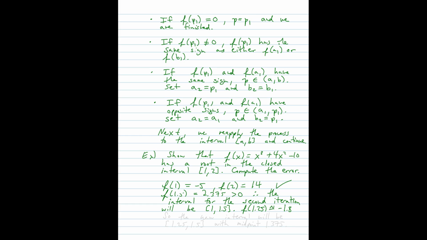Because that value is negative, the new interval for the third iteration will be [1.25, 1.5], with a midpoint of 1.375.